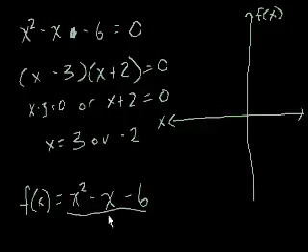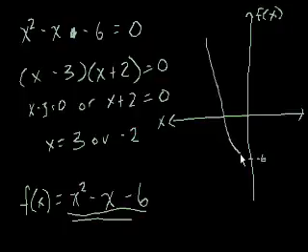If I were to graph this equation, it'll look something like this. The graph will go up and keep going up in that direction. And I know it goes through minus 6, because when x equals 0, f of x is equal to minus 6. So I know it goes through this point.